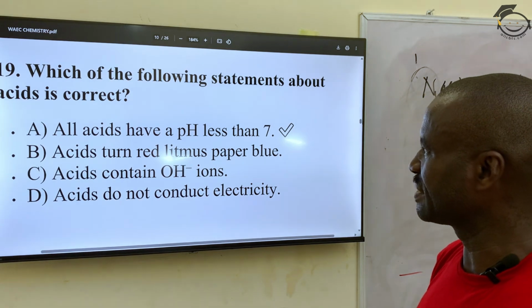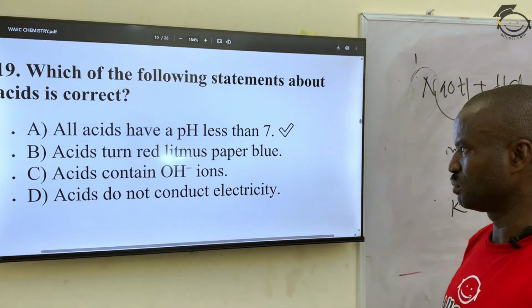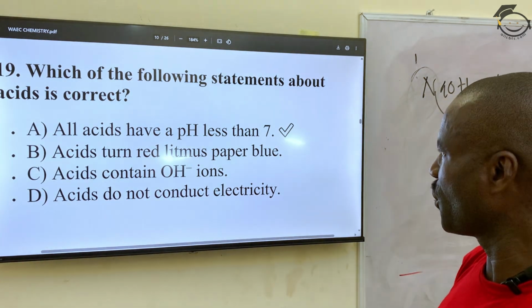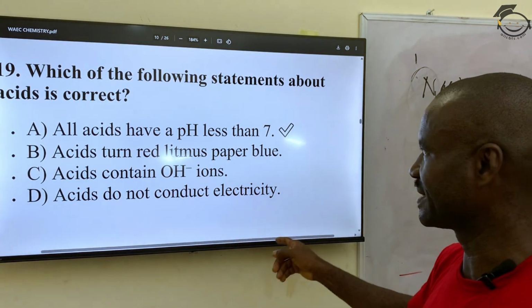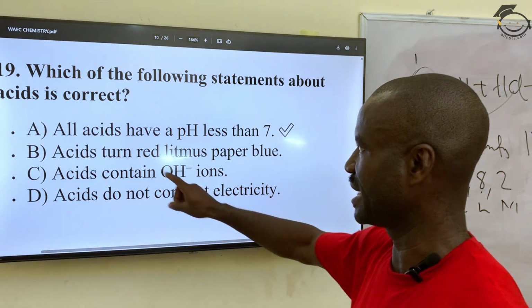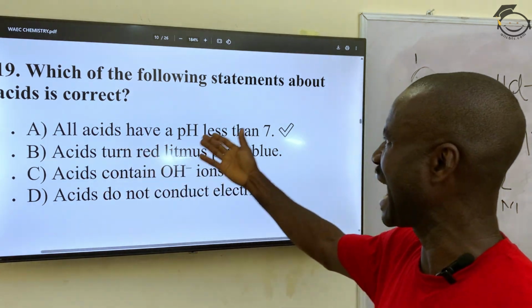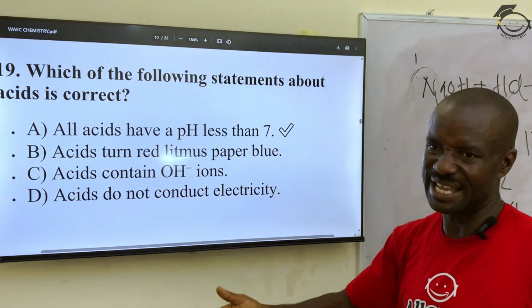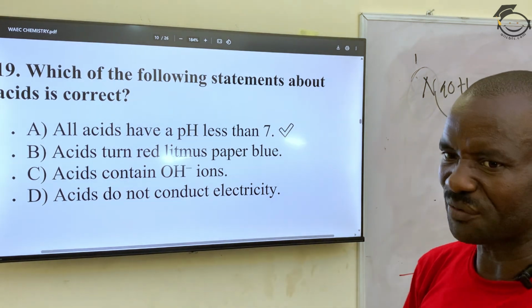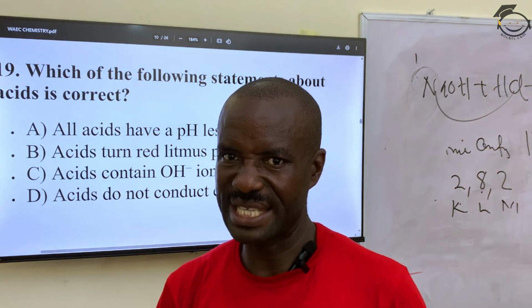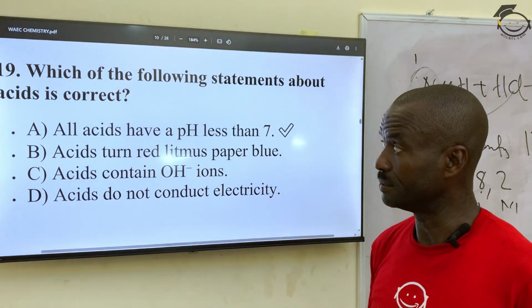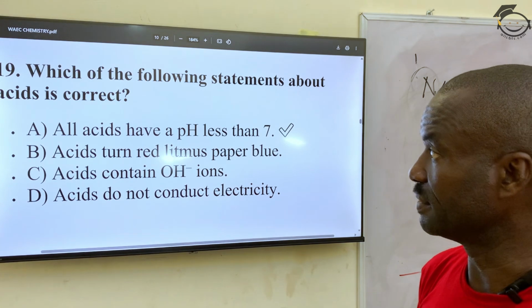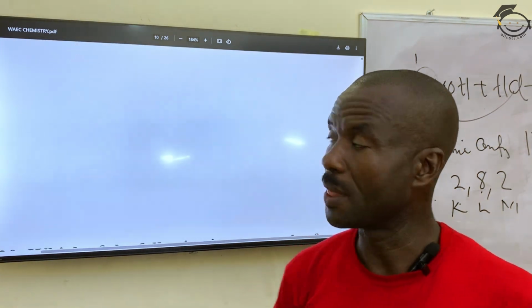B, acid turns red litmus paper blue. C, acid contains OH ions. D, acid does not conduct electricity. All these are wrong except A. All acids have a pH less than 7. The pH of an acid is always less than 7 on the pH scale. So the correct answer is A.